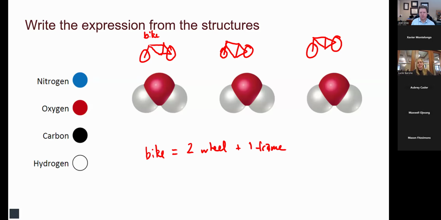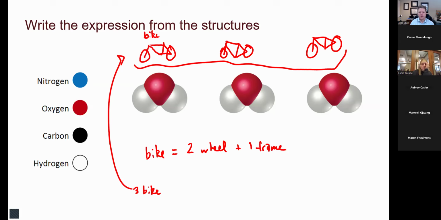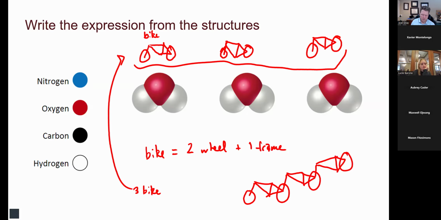Now, if I were to say 3 bike, you would know that the expression is this right here, as opposed to something like this. Granted, I'm drawing what I think would be a very fun, exciting, dangerous and cool bike. I've got four wheels, so I'm going to add one here and one here.